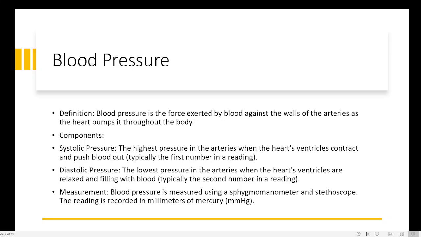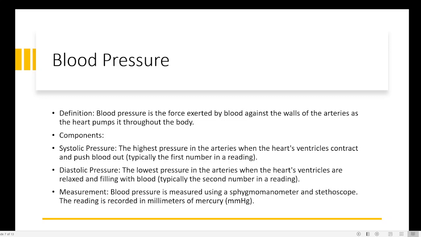So when you explain blood pressure, you must explain what is a systolic pressure and what is a diastolic pressure, and how we are measuring blood pressure. And we have an instrument known as sphygmomanometer, and also using a stethoscope. There is a mercury controlled device, and using that device, the doctor can detect the intensity of systolic pressure as well as diastolic pressure.